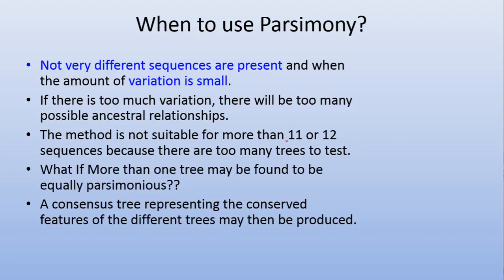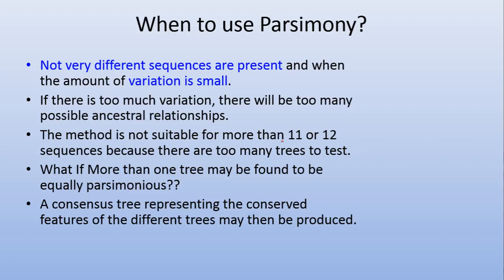If the number of sequences exceeds 11 or 12, this parsimony method may not be very suitable. Why? Because if there are more sequences, it is possible that the parsimony method would generate multiple equally parsimonious trees.